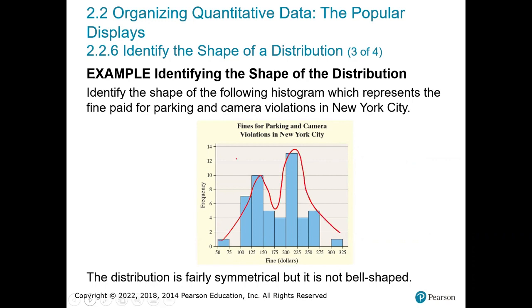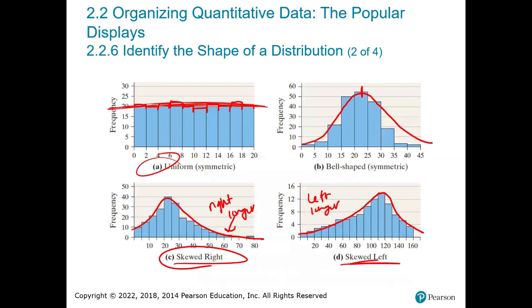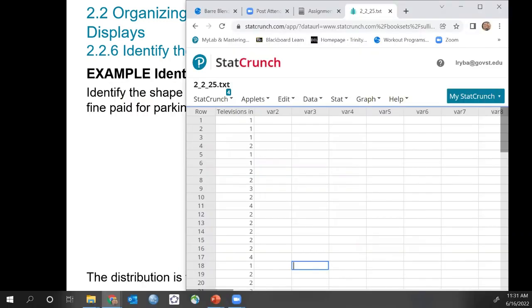There really is no basic shape like the one that we had here. So it says it's fairly symmetric, but not really bell-shaped, because look, you go up, down, up, down. So that's symmetric. We have the same thing happening on this side as this side, but it's not really one of these 4 that we have here.